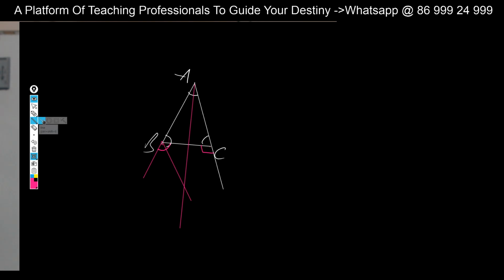What are the three lines? One is the internal angular bisector of A. The second one is the external angular bisector of B. The third one is the external angular bisector of C. What I am saying is, these three intersect at the same point. That is nothing but the point of concurrence. This point of concurrence, we call it the excenter, please. So this is the excenter.